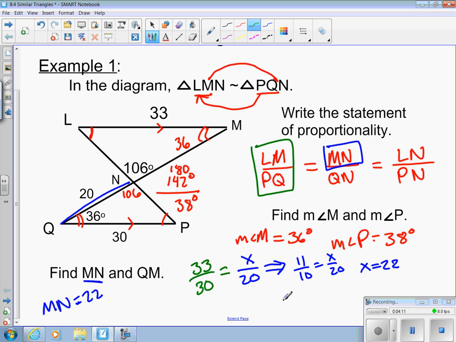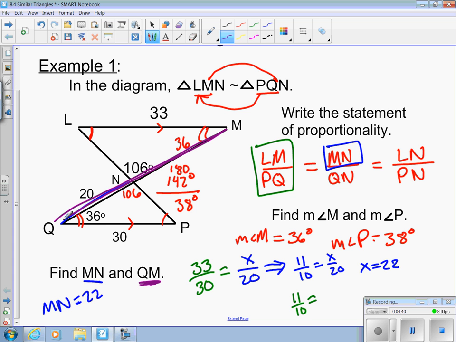Okay, now we're going to use the same ratio, we already know 33 over 30. This ratio is the same thing as 11 over 10, so I've reduced it once, I'm going to keep it reduced. And this time, we're looking for QM. QM is this whole length.